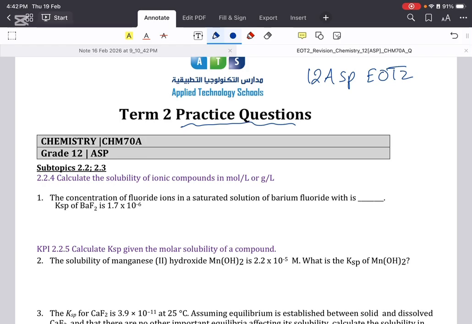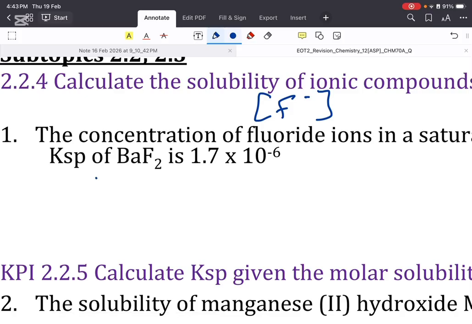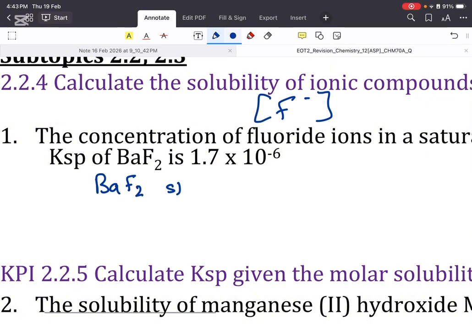The concentration of fluoride ions in a saturated solution of barium fluoride is. So they want us to find the concentration of fluoride ion. All we have in this question is the KSP. So first of all, I'm going to begin by writing the equilibrium equation of barium fluoride when it dissolves in water.